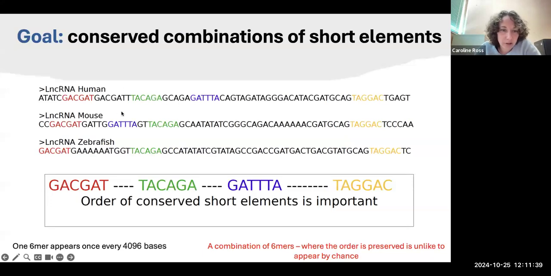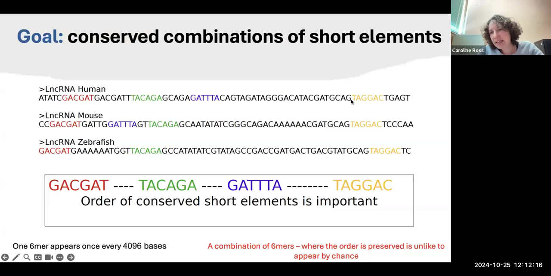The idea was based on the fact that even though their sequences might appear really random, within the sea of randomly organized nucleotides there might actually be very, very short regions, which we call chimeras, or motifs, that are there but have just been hidden in the sea of randomness. And so what we decided to look for was a combination of short conserved motifs that appear in the same order.